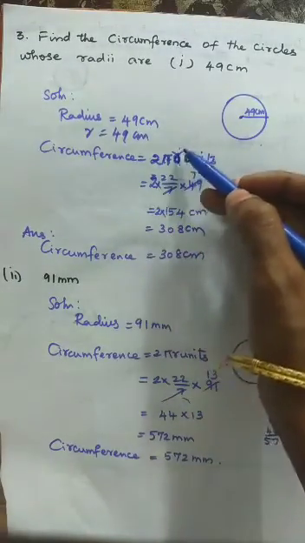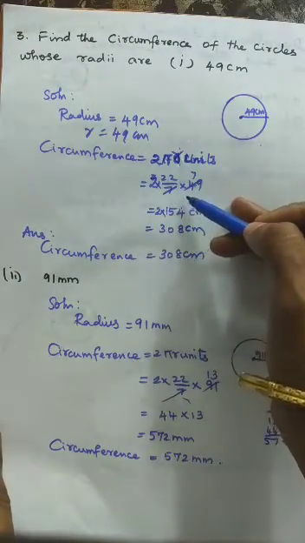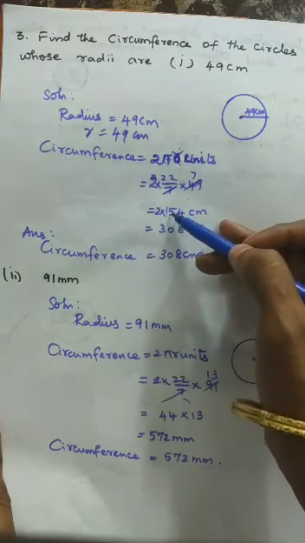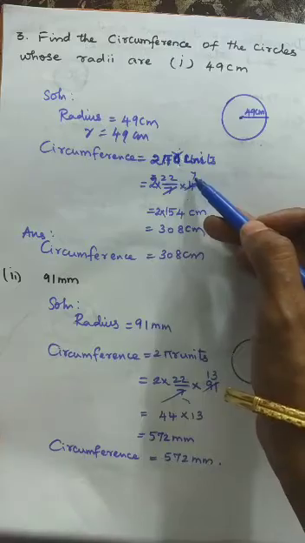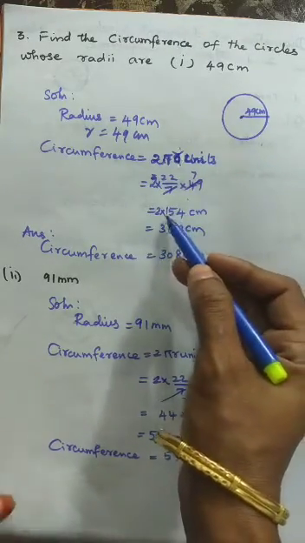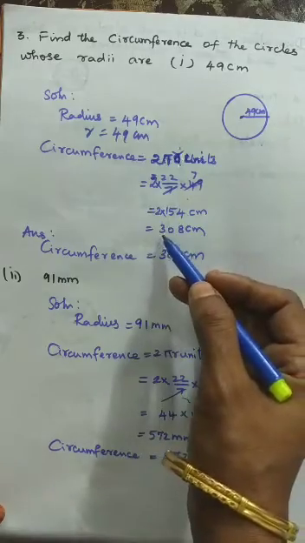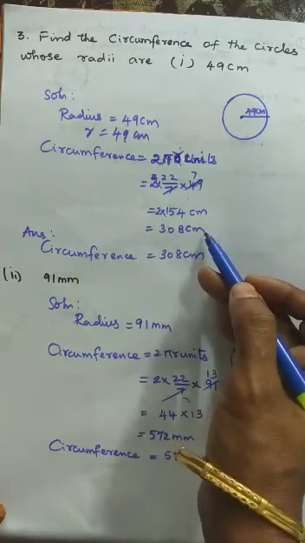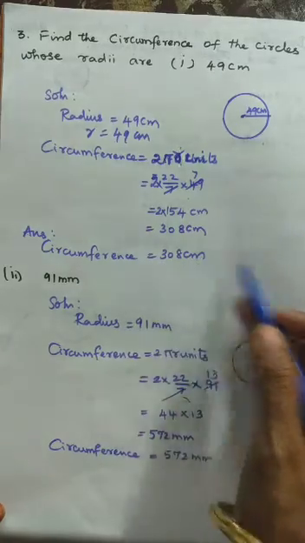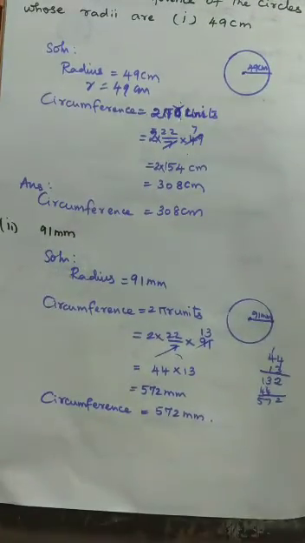So 2 into 22 by 7 into 49. So 2 into 154, that is 22 into 7 is 154. So you multiply 2 into 154, that is 308 centimeters. So answer, circumference is equal to 308 centimeter.